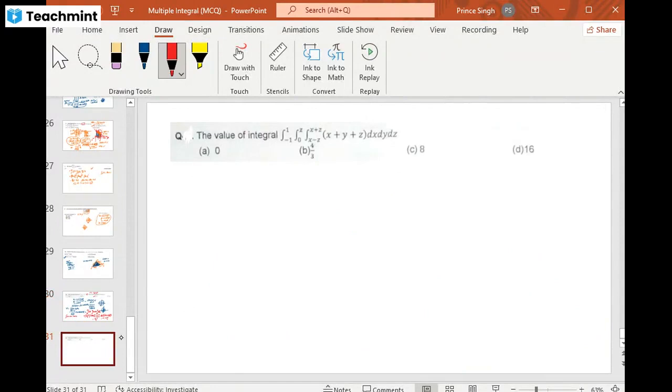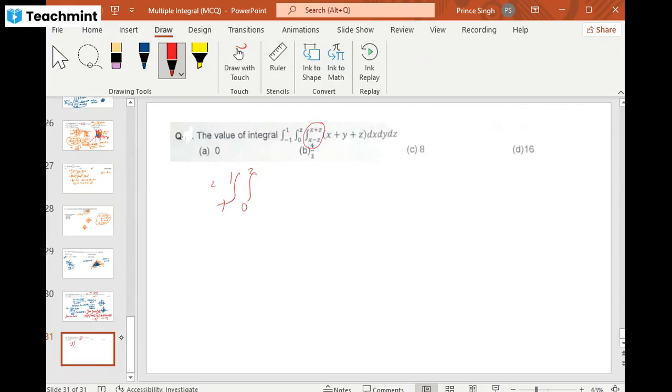Okay, so this is a problem of triple integration where the limits of x, y, z are given here. So minus 1 to 1, 0 to z. Because the innermost limit depends upon x and z, this limit is of variable y.